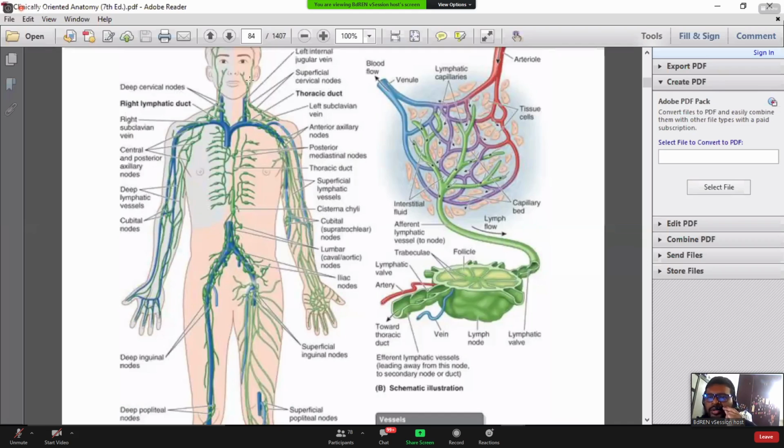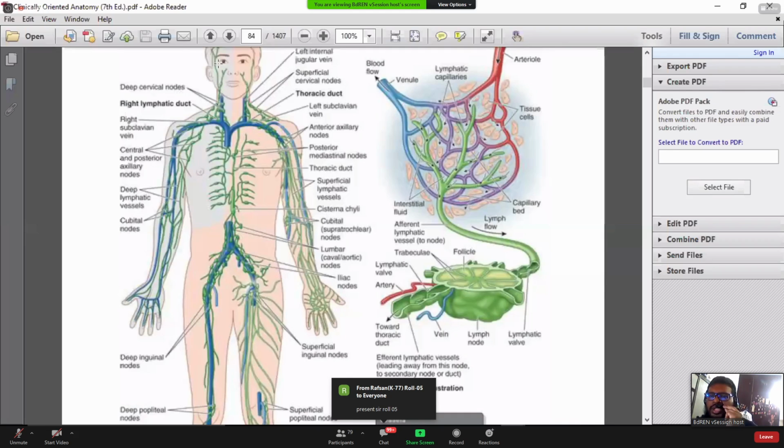Similarly, also the lymphatics from the left half of the head and neck region, and the left upper limb, and left side of the chest, all these are going to the thoracic duct.